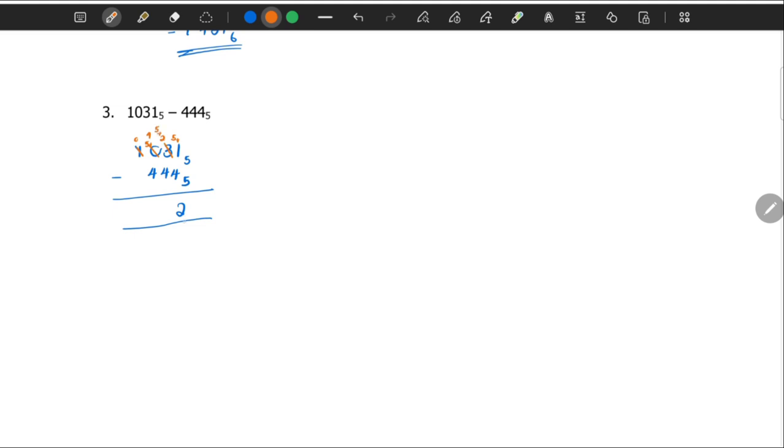So 5 plus 2, that's going to be 7 minus 4, that's going to be 3, and then 4 minus 4, 0, and then 0 minus 0. So then your answer is going to be 32 to base 5. Or the other way around, 1031 minus 444 to base 5.